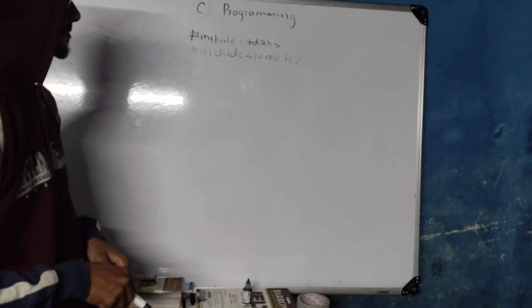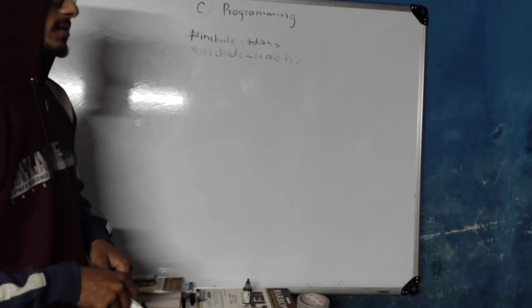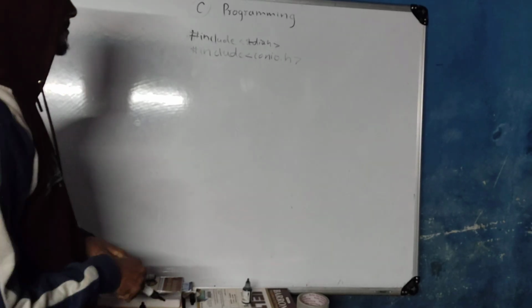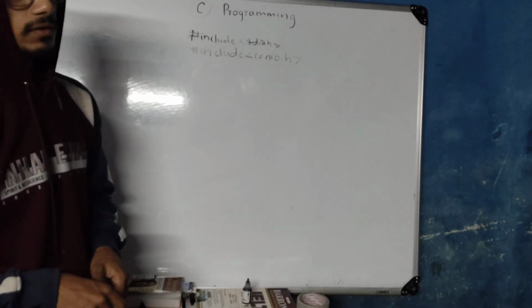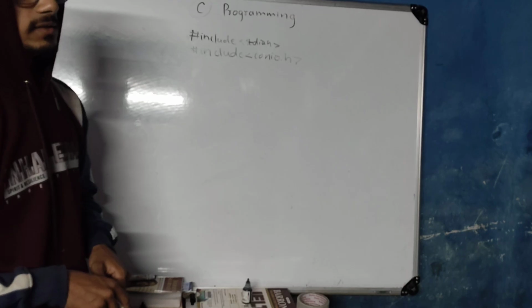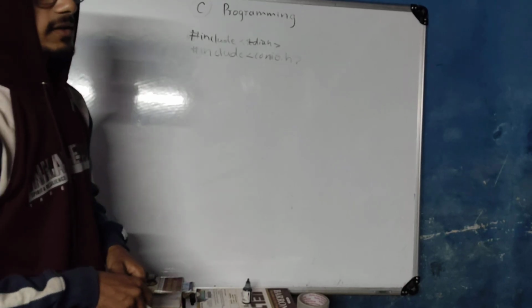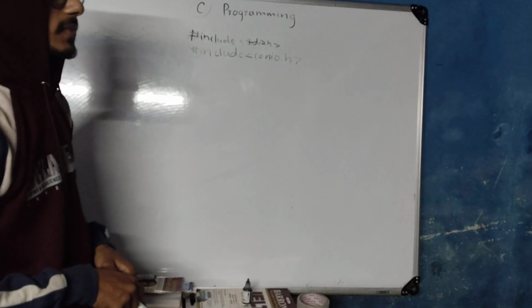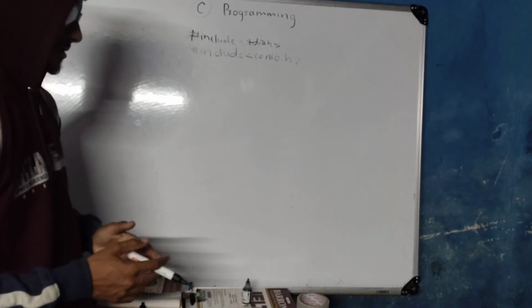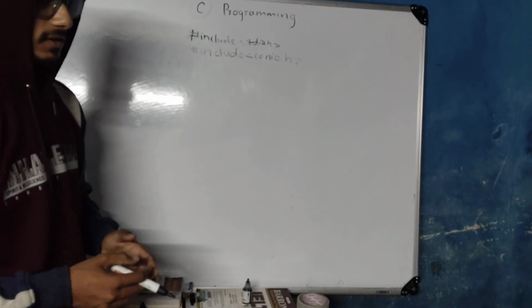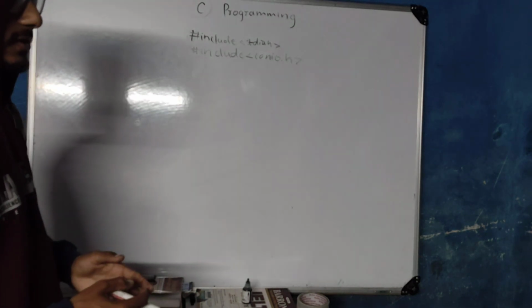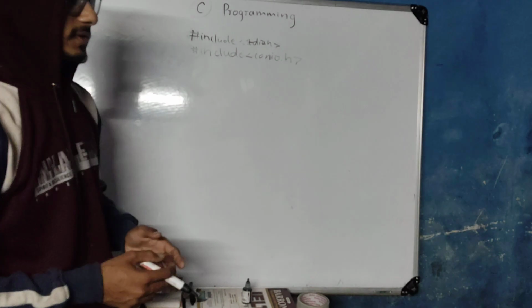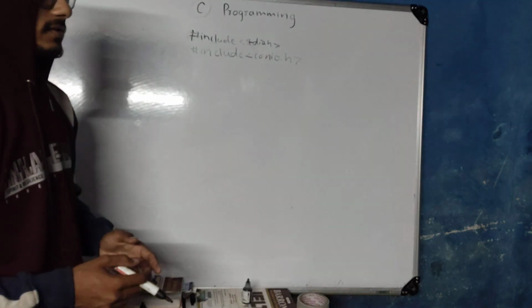Okay, and C was invented in the 20th century only, that is 19-something, 1981 or like this, and there was one scientist.